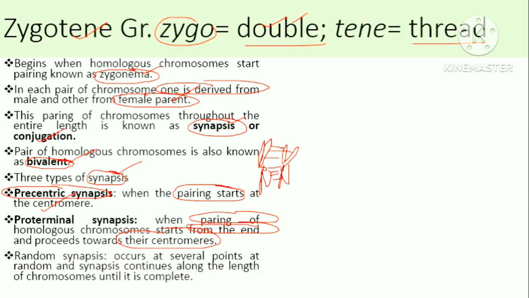Then the third one is random synapsis. As the name indicates, it occurs at several points. ये several points पे start होती है and synapsis continues along the length of the chromosome until it is completed. और तब तक चलता है जब तक ये synapsis का process complete नहीं हो जाता. So there are basically three types of synapsis formation. That is precentric, proterminal, and random synapsis.